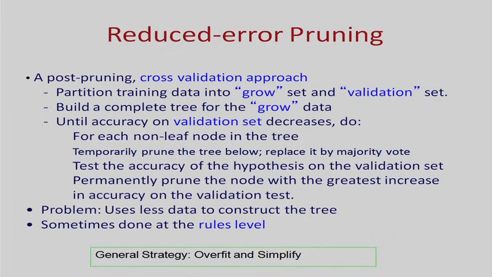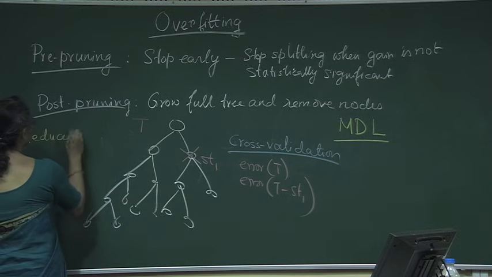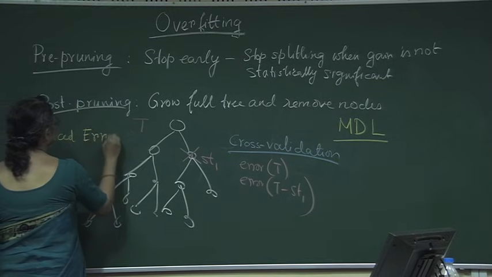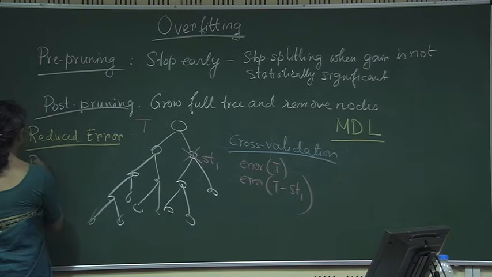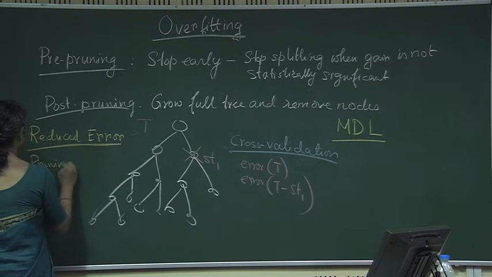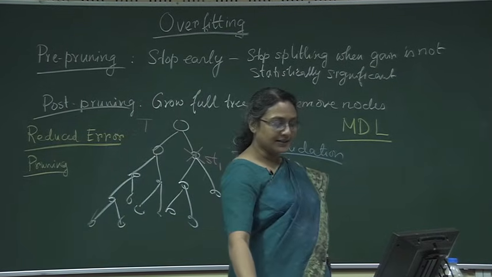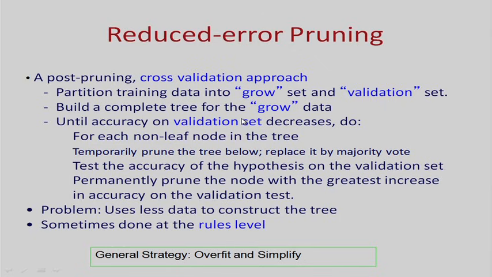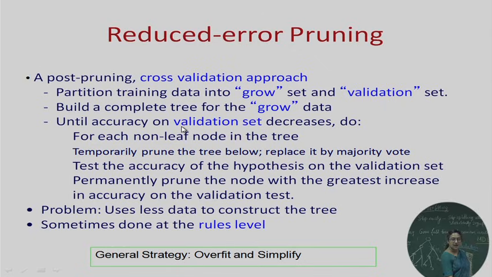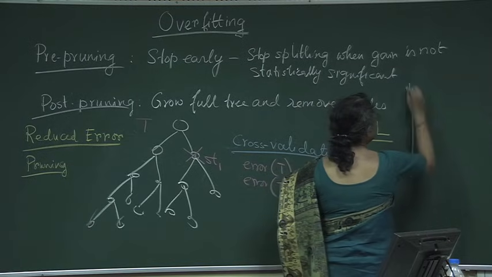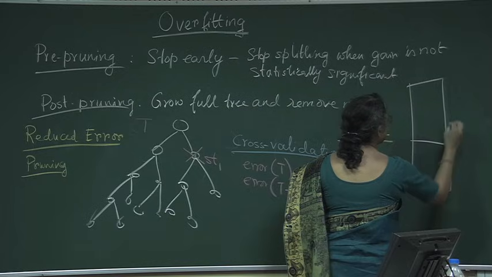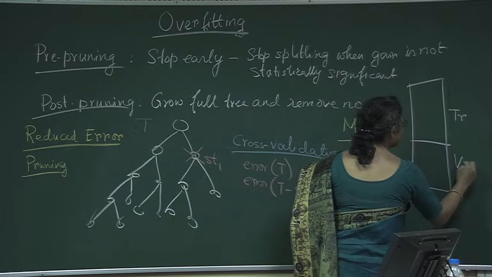For post-pruning, one of the algorithms is called reduced error pruning, and we will describe that algorithm. Reduced error pruning, as you can see on the slide, is a post-pruning cross-validation approach. Given the training set available to us, we will split it into a training and validation set.